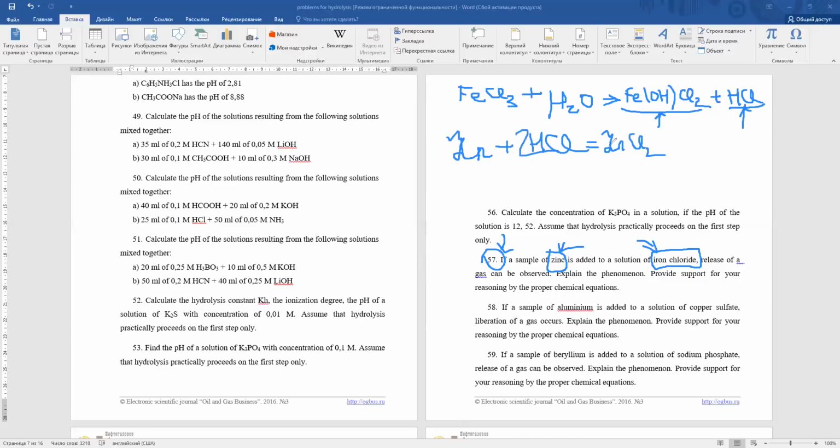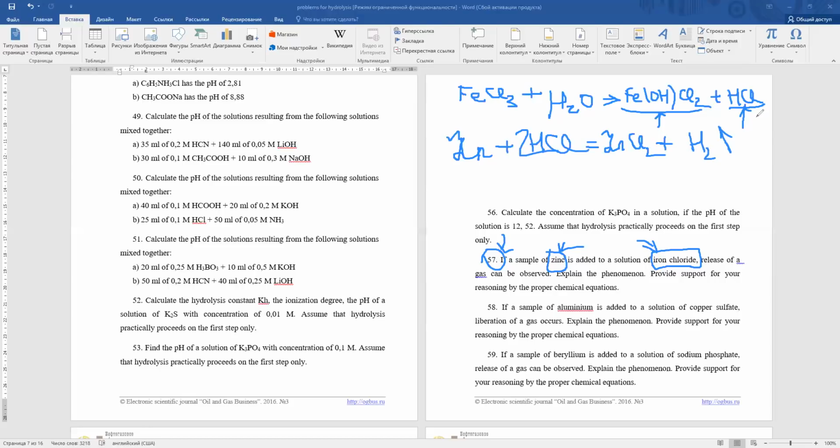We need two more. Hydrogen. And then this hydrogen gas is liberated from the solution.